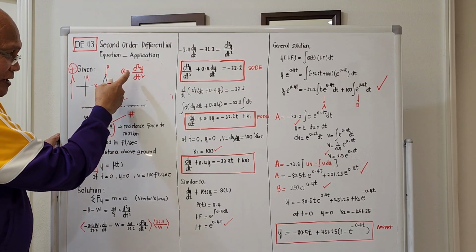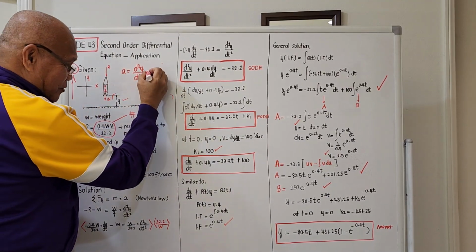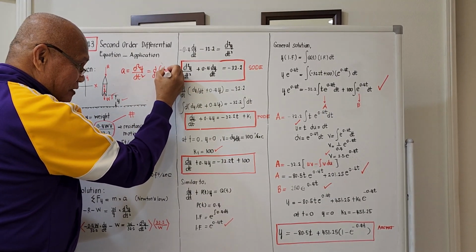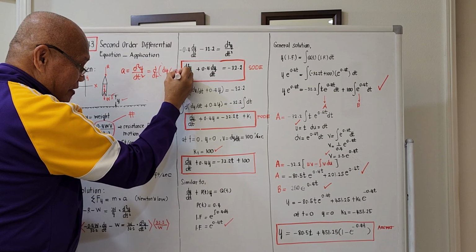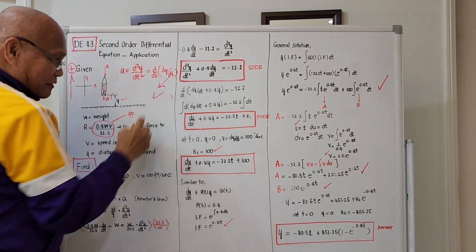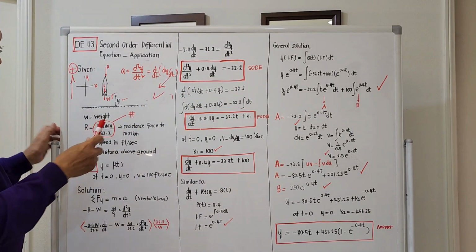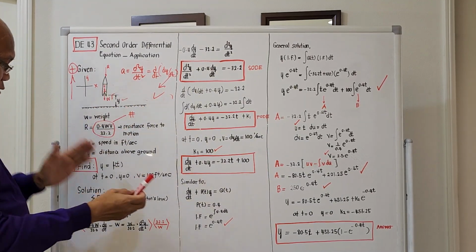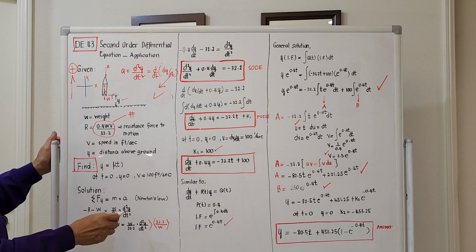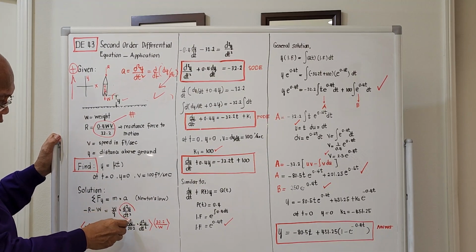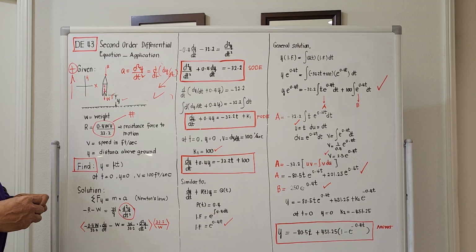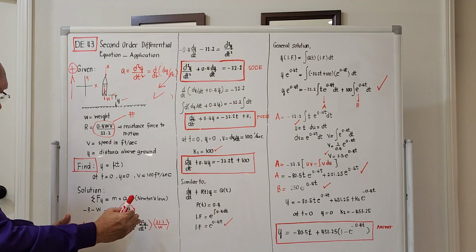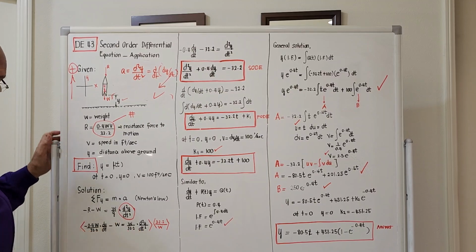It's the second derivative, because this is the derivative with respect to time of dy dt, and this dy dt is actually speed. If you take the derivative with respect to time of speed, that is acceleration. So I place it here, times d square y over dt square. That's where the differential equation comes from.